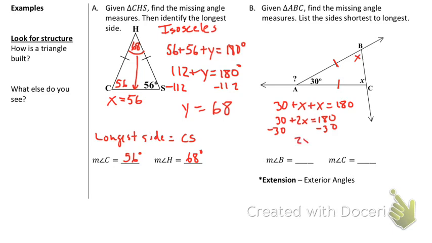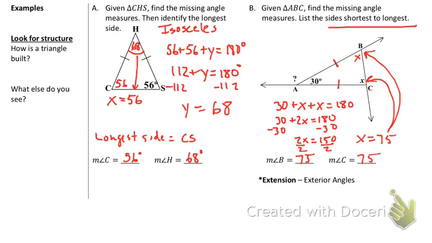I get 2x equals 150. Divide by 2. x is going to equal 75. So that tells me the measures of angles B and C are going to be 75 degrees.